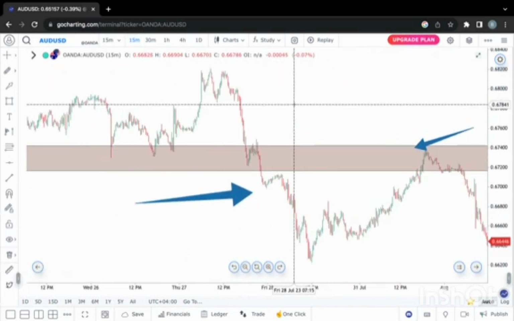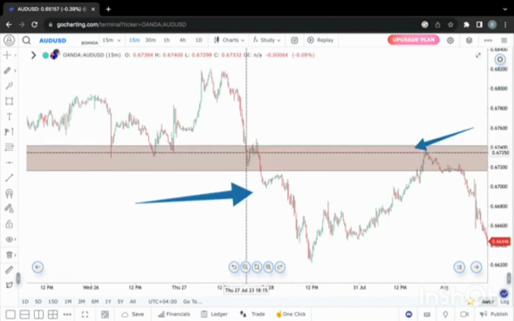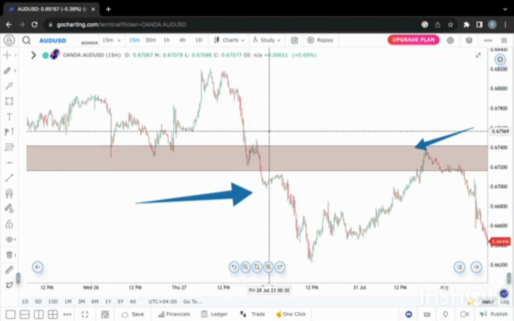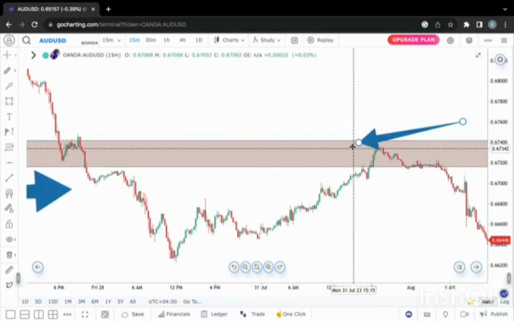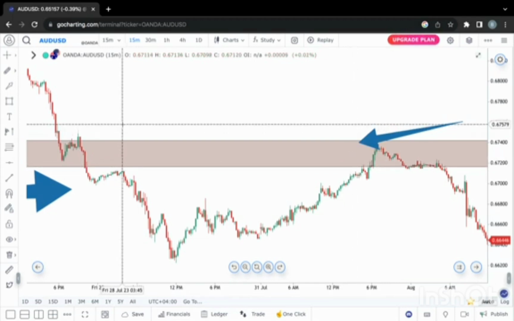As you see, this is the level. After breaking the level, you wait, then initiate your trade here. Make sure you place the sell limit. Put your stop loss above this.